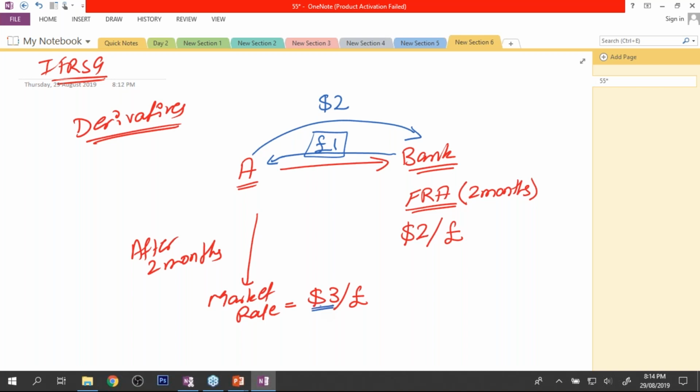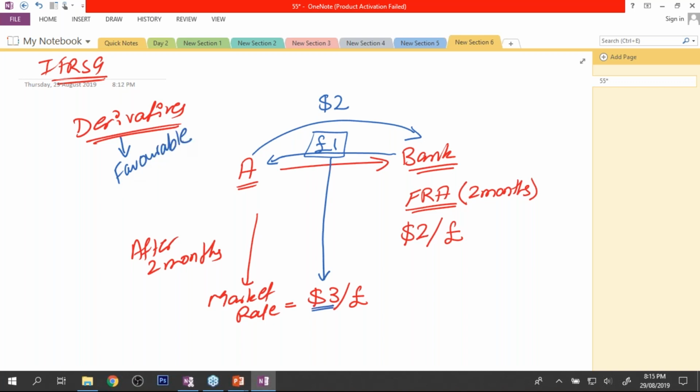I'm receiving pounds, which is a financial asset. So it is an exchange of financial assets where I am in a favorable position. Why? Because I'm giving $2 and I'm getting a pound which has a market value of $3. So I have a gain of $1. So this is a derivative which is favorable to me.